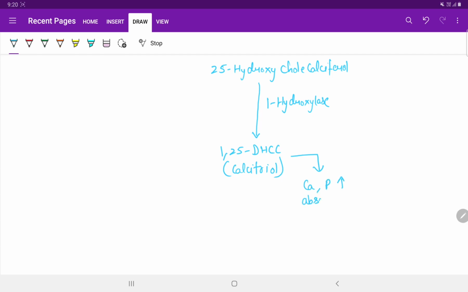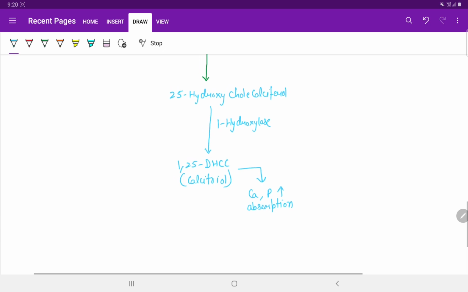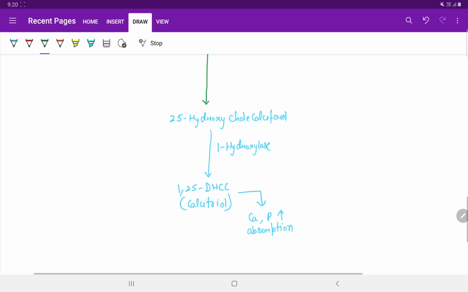So remember that all of this reaction occurs in the kidney.